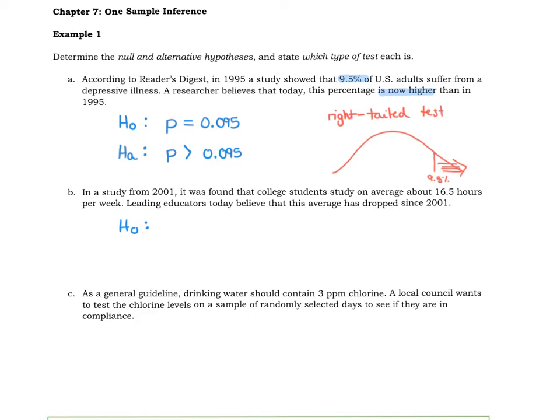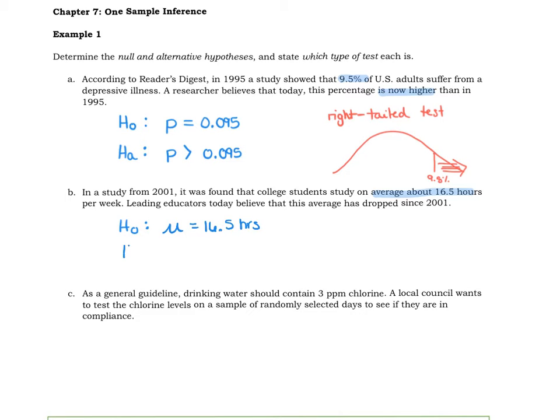That the average is 16.5 hours. Don't use the symbol P, that's for a proportion or a percentage. The average is mu, and we're saying that the average is 16.5 hours. Since there are units here, do include them. For means, we include our units.